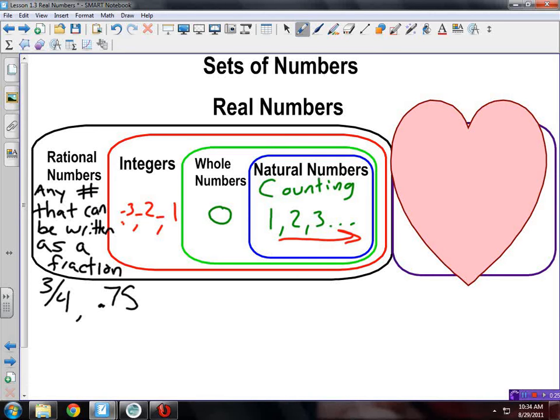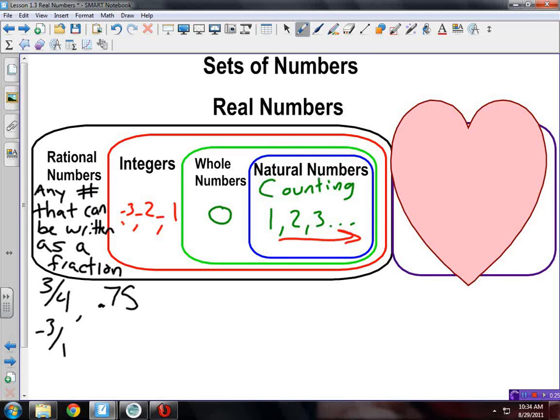Integers can be written as fractions, right? I could have -3/1. 0 can be written as a fraction as 0 over anything. Whole numbers can be written as those numbers over 1. So they all can be written as fractions.